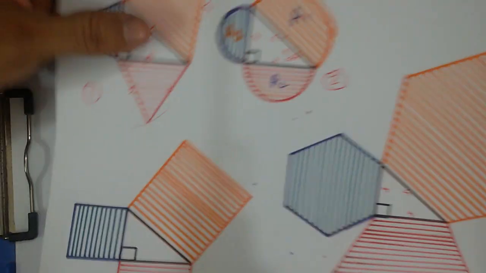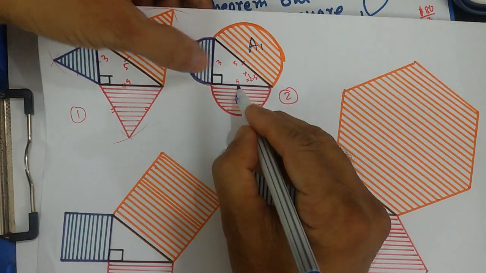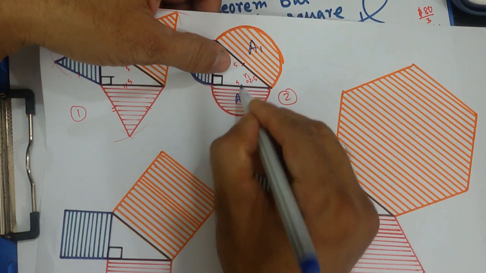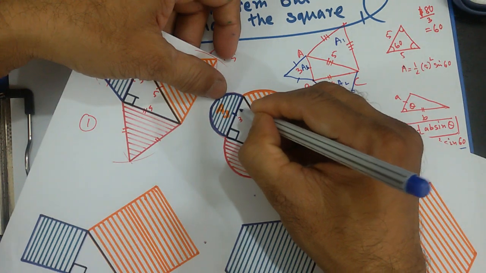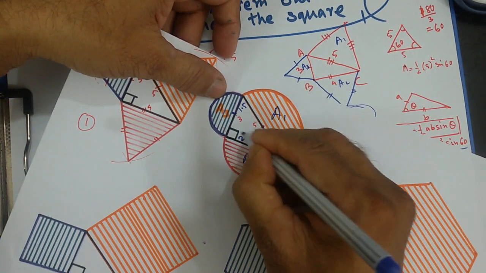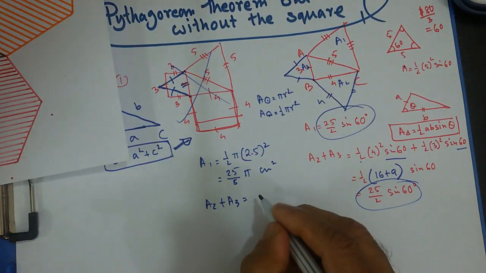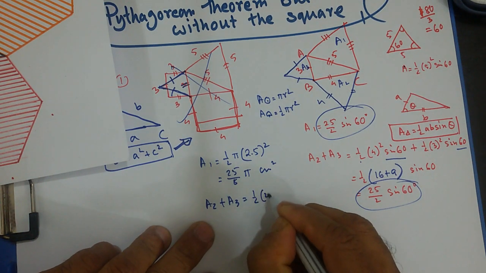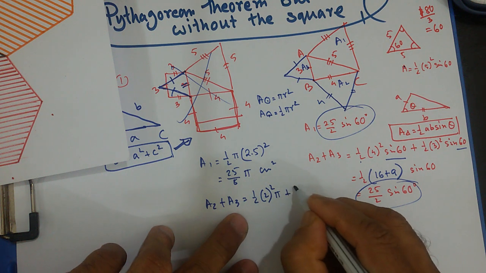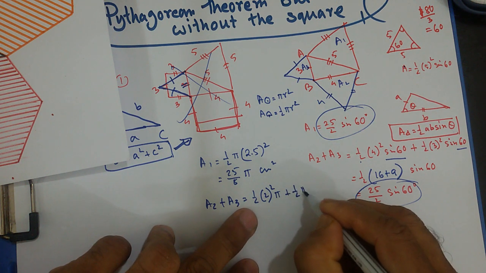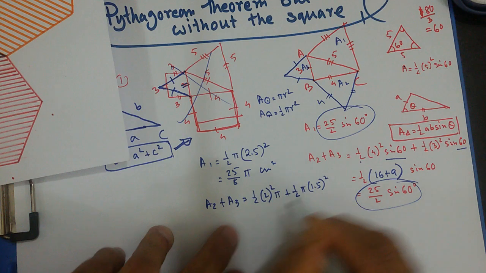Okay, and area 2 plus area 3. Now area 2 has a diameter of 4, so the radius is supposed to be 2, and over here the radius is supposed to be 1.5. So that's going to be half pi 2 squared plus half pi 1.5 squared.